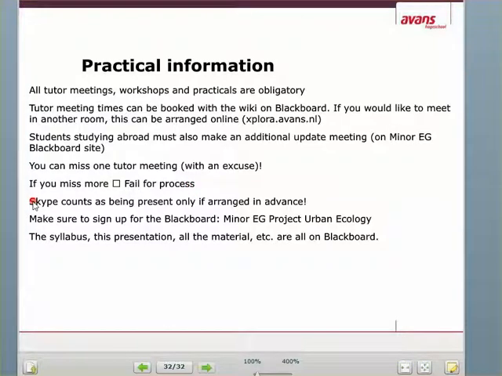Hopefully you won't fail the process. Skype will count as a meeting only if this is arranged ahead of time. So don't call 5 minutes before the meeting and say, oh, I forgot about the meeting, I'm going to do it on Skype or Hangout. You have to schedule this, and people have to agree.